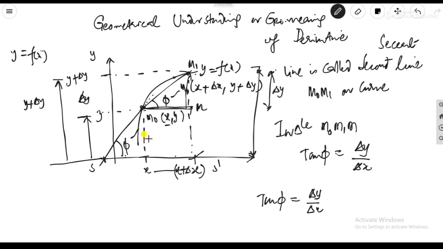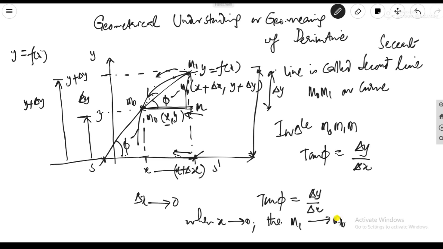At this stage, suppose we imagine that the value of delta x is approaching 0. That means this is reducing, this value is going back, and this point m1 will be sliding backwards. What happens then, m1 will be moving along the curve towards m0, and finally it will merge with m0. When delta x approaches 0, the point m1 is approaching towards m0.